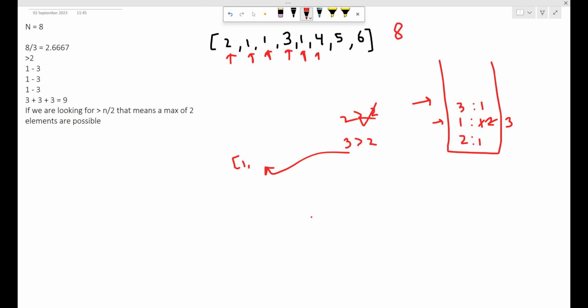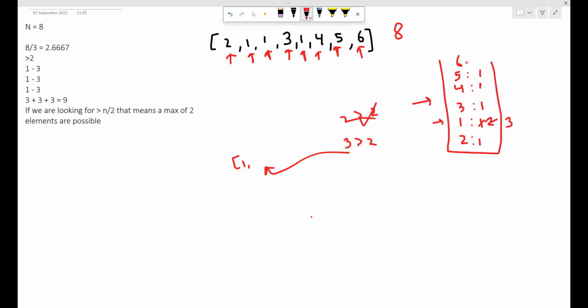Now let's move to the next element, that is 4. Does 4 exist? No, it doesn't. Let me make an entry of 4 and make its count 1. Now moving to the next element, that is 5. Does 5 exist? No, it doesn't. I will store the entry of 5 and make it 1. Now again moving to the next element, does 6 exist?